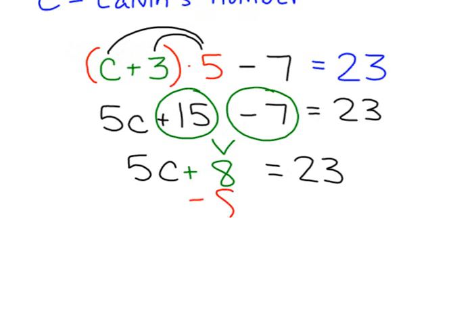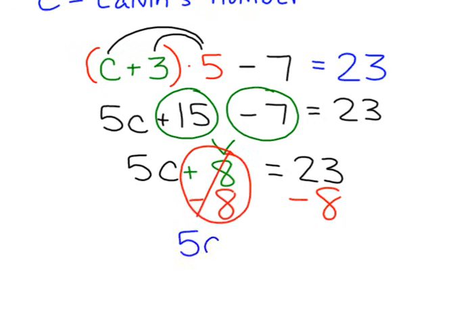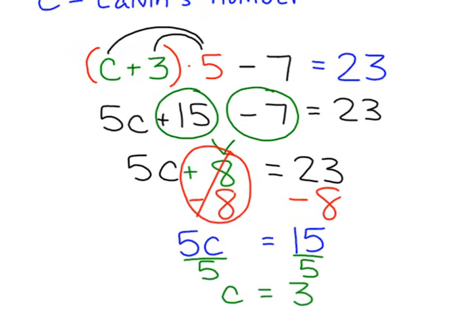So I'll subtract the constant from each side. That will give me 8 zero pairs. I'll have 5C left on the left side. And 23 minus 8 would be 15. Final step, I'm going to divide by 5 on each side to get C equals 3.